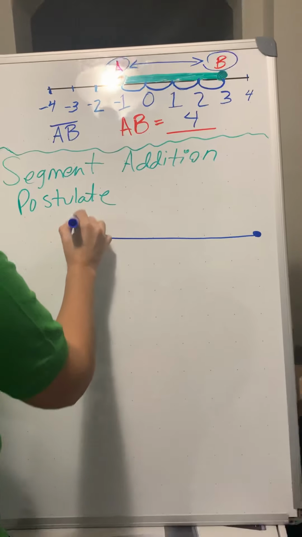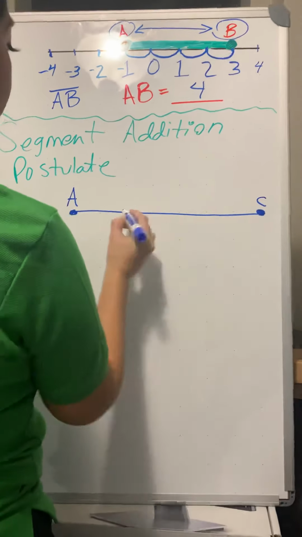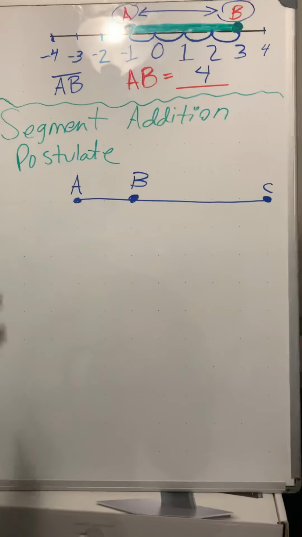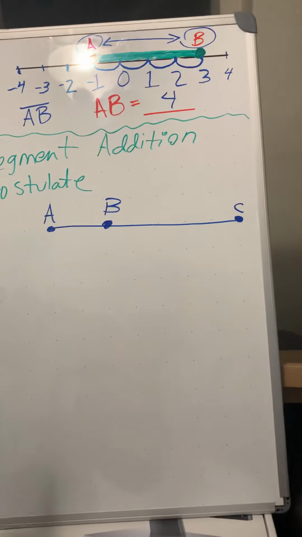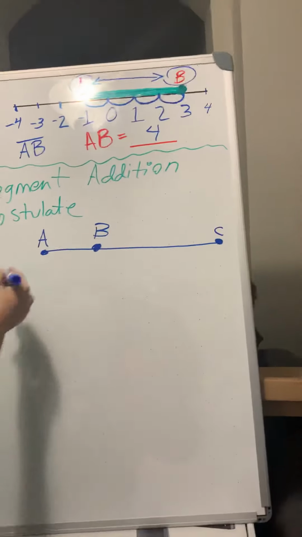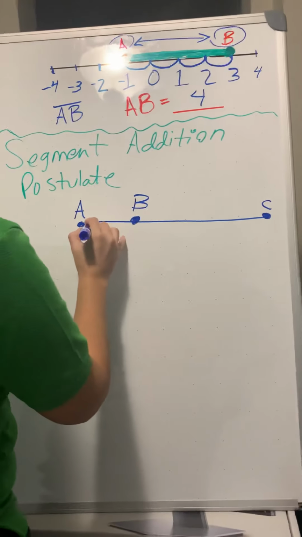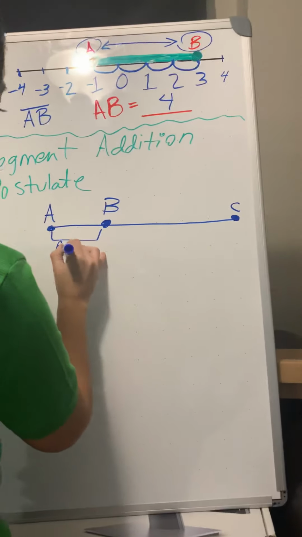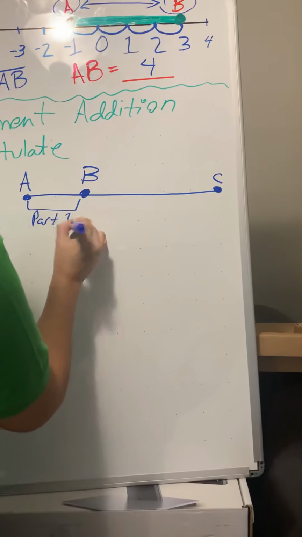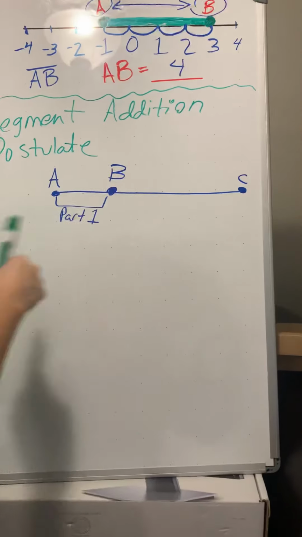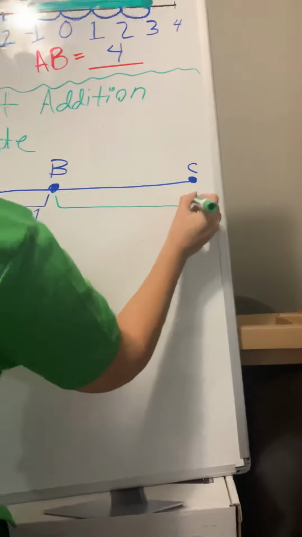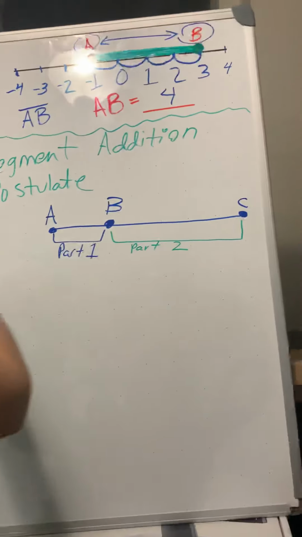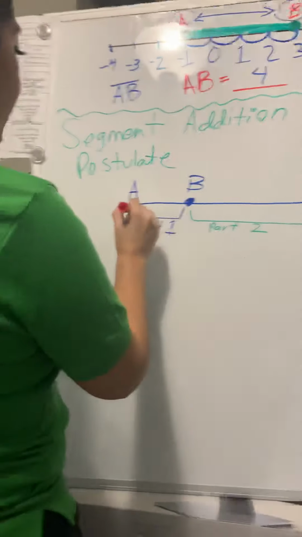And it's labeled AC, and then let's just say here we have point B. So in the segment addition postulate, we're adding part, let's say this is part 1, and then we're adding it with part 2, so that we can get the total.